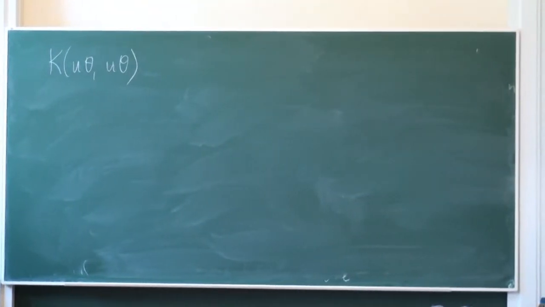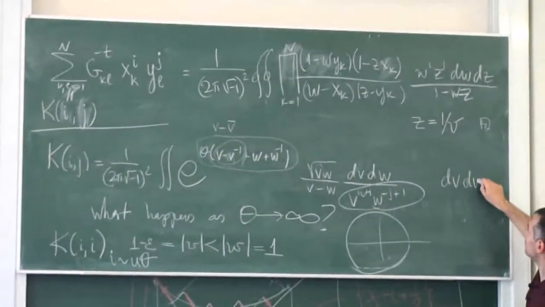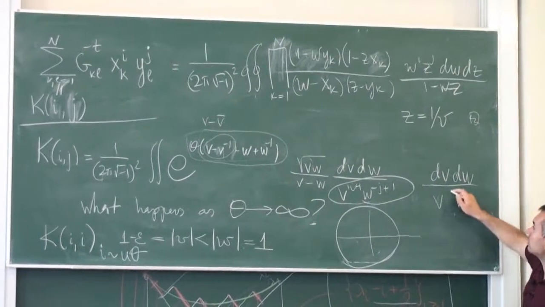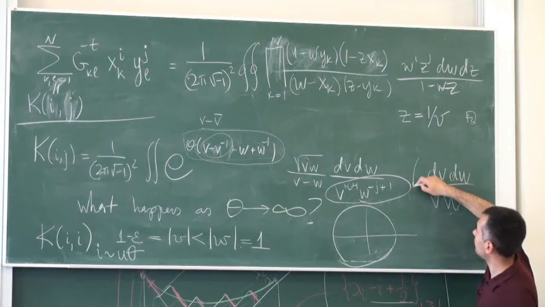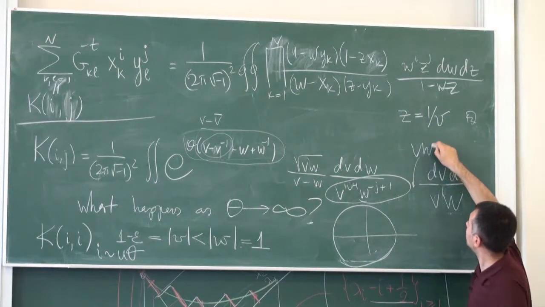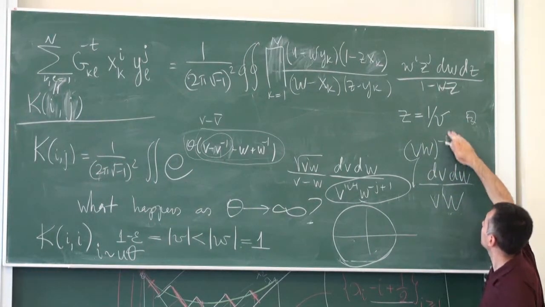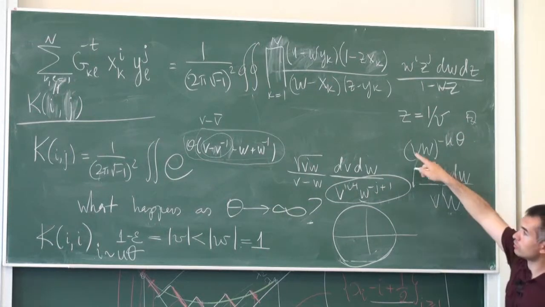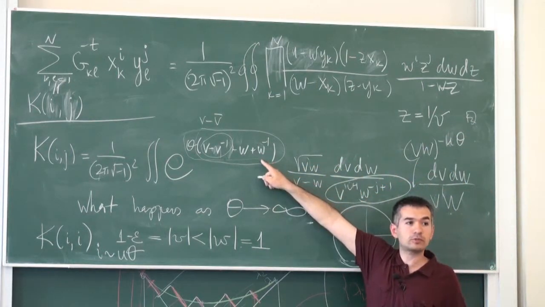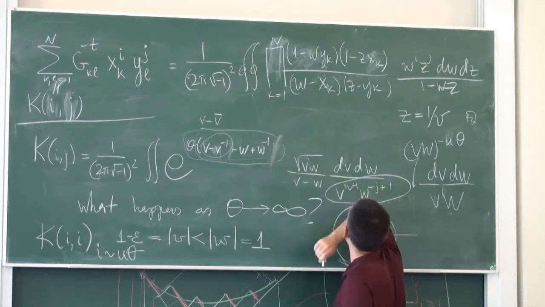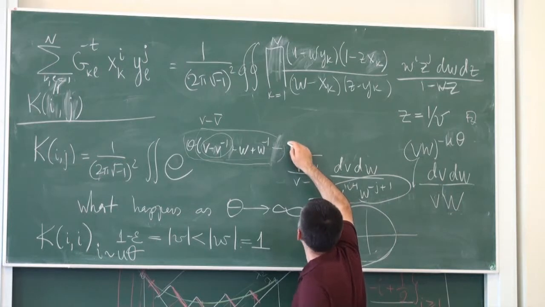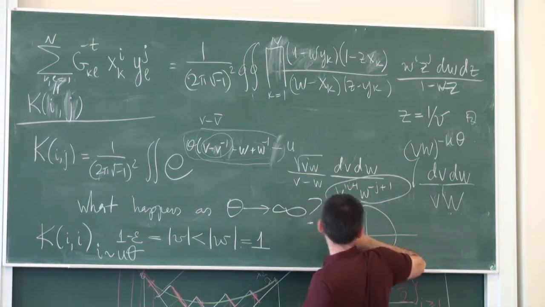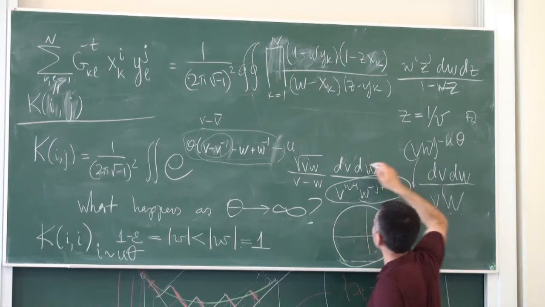So then this object here also gets the dependence on theta, right? So this is dv dw, v to, let's say, 1, so vw. And then there is a factor which is vw to the power minus u theta. So I'm going to put it into the exponential. Right? So I'll write here that this is minus u, this is inverse, right?